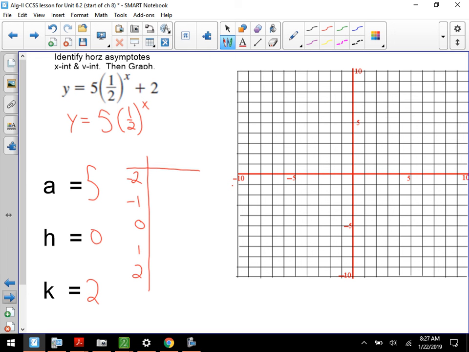It just becomes 4. So you get 20, 10, 5, 5 halves, and then 5 fourths. You would plot those parents, and then you would go ahead and shift everything through, right?